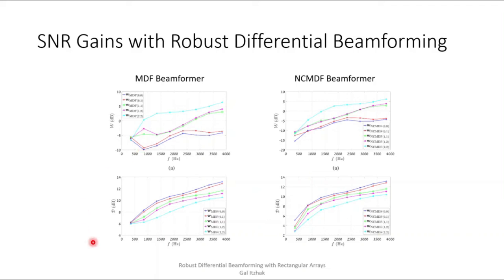So we can see that by simply choosing QC and QR to equal 2, as we can see in this curve, over the case in which they are 0, which is the basic case in which the spatial mean operator doesn't work at all, there is a 10 dB difference between the two configurations with the maximum directivity beamformer, and with its null constraint version, there is a 5 dB improvement.